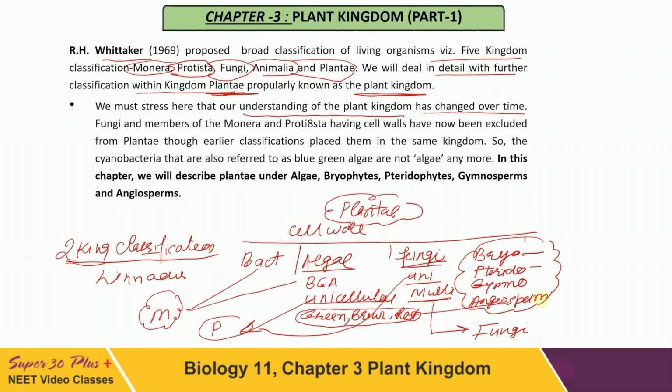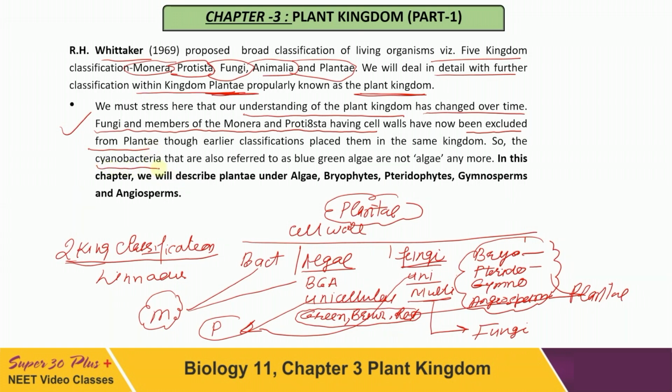So it's a very important discussion that the understanding of the plant kingdom keeps on changing. What we mean by kingdom Plantae or plant kingdom now is different from the time of Linnaeus. Fungi and the members of Monera and Protista have been excluded from kingdom Plantae, though in the earlier classification they were placed together.